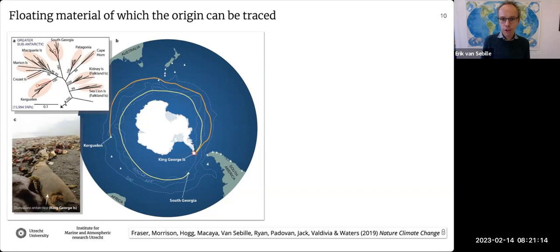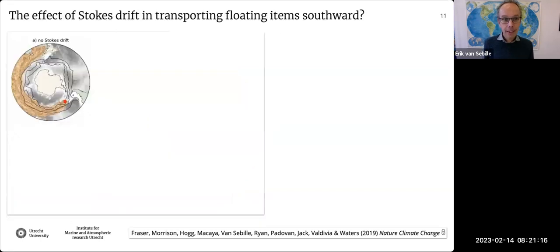And Adele Morrison at ANU then did some simulations. She did a simulation in the HYCOM model where she started virtual particles right here on this island, and none of the particles, all the red lines here, came even close to Antarctica. None of them actually crossed really the polar front.